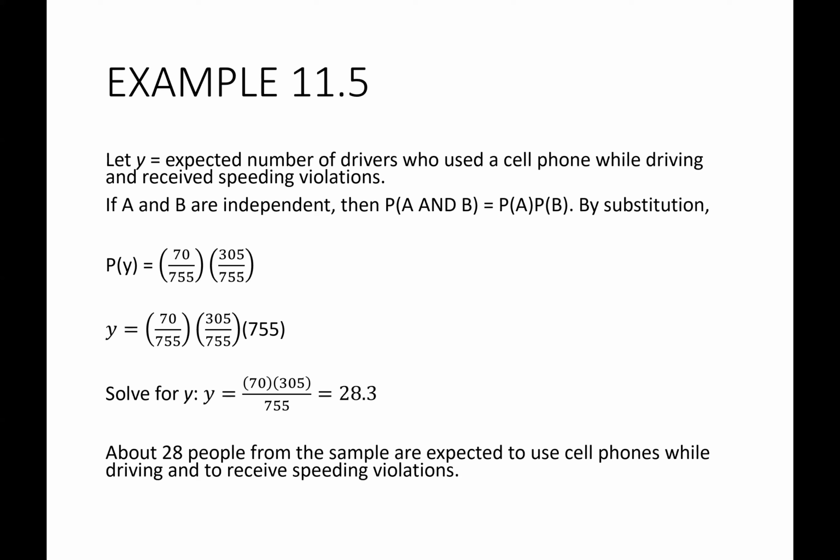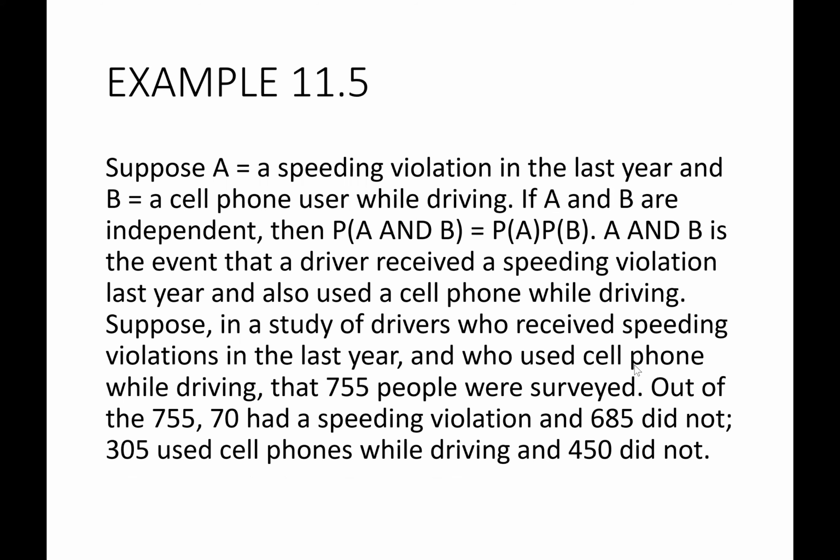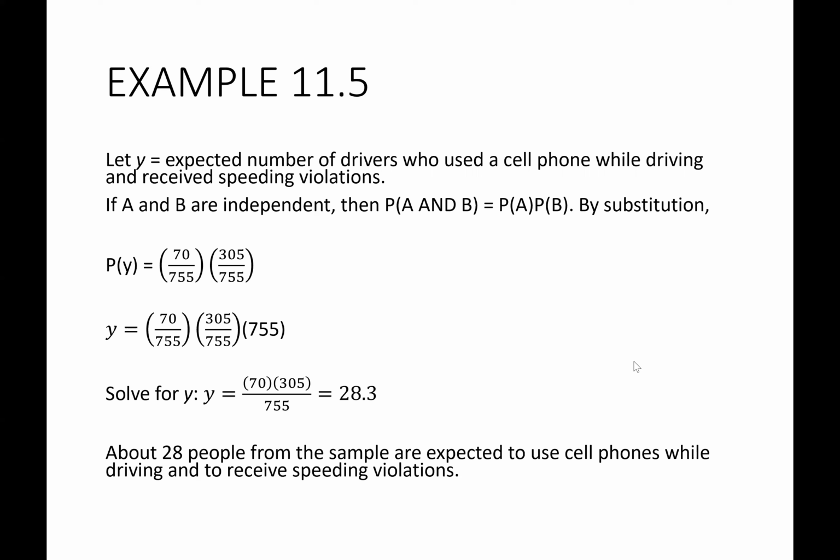and times the probability of, let me get this right. So 70 had a speeding violation and 305 were using their cell phones. So 70 out of 755 are the number who got a speeding ticket, and the 305 out of 755 is the number of people who were using their cell phone.